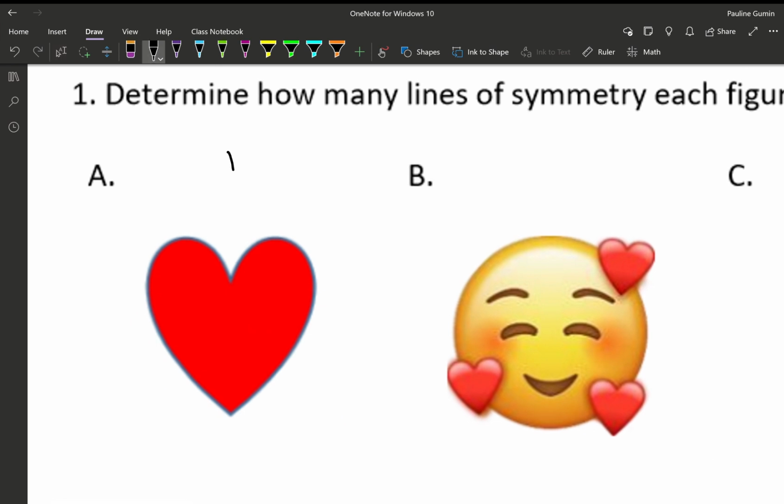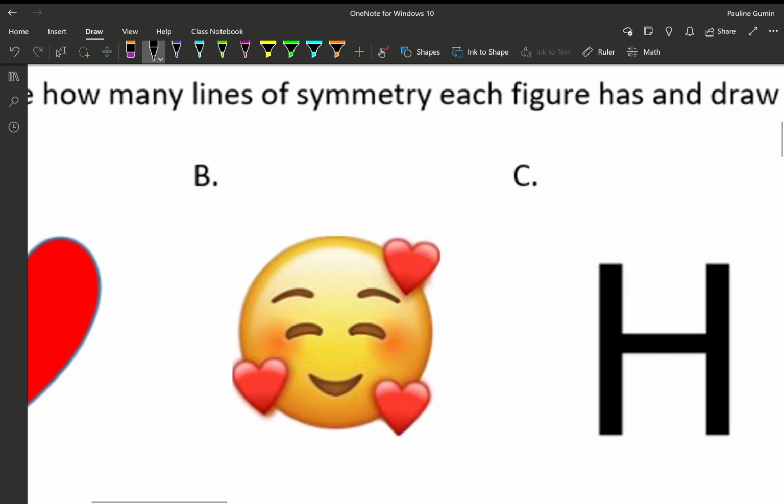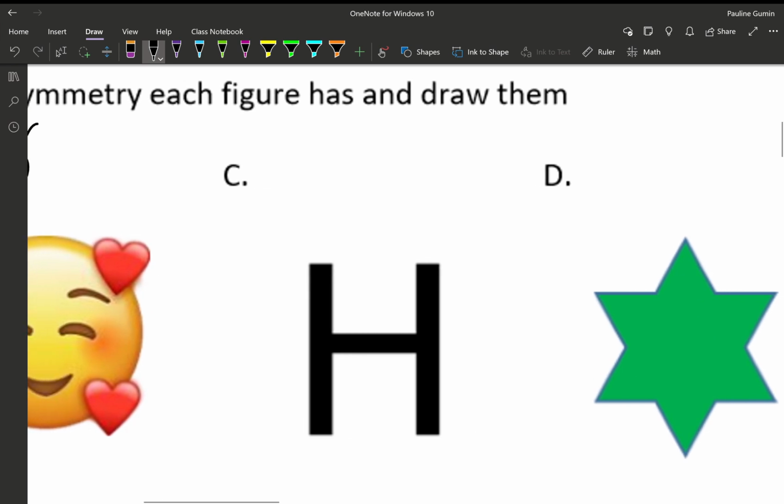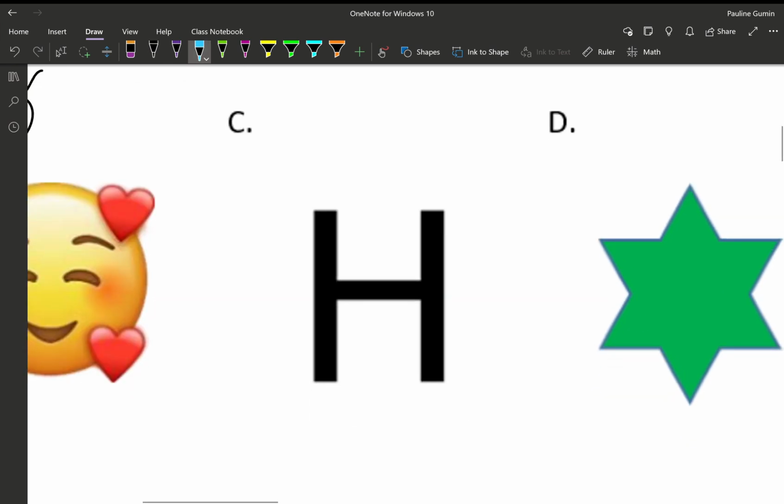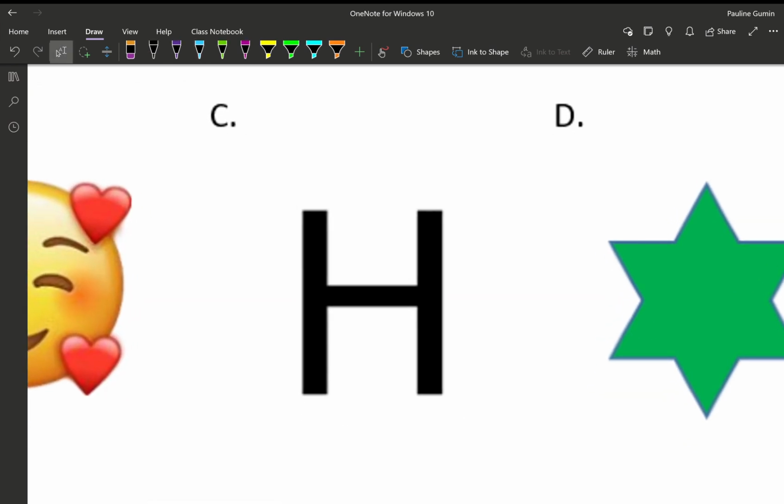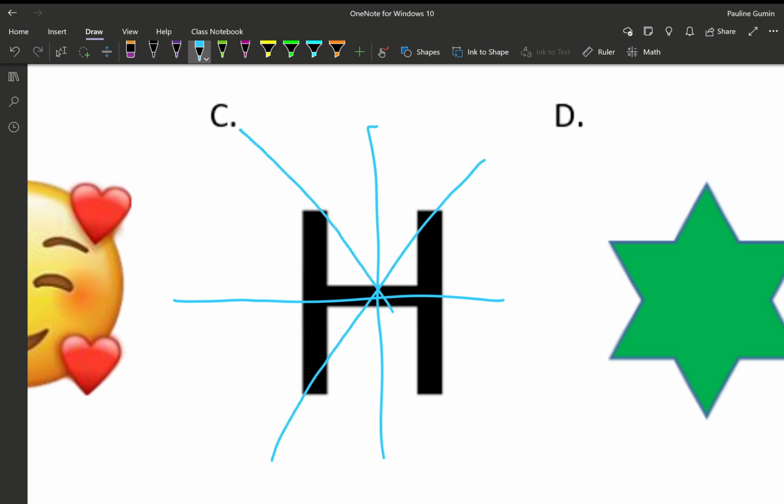For this heart shape, I can only think of one way to split it in perfect halves. For letter B, unfortunately, those tiny hearts that are floating around the face make this impossible to have any lines of symmetry. For letter C, let's see how many lines we could do. All right, we got one down the middle, one through the middle sideways, and then two more diagonals.